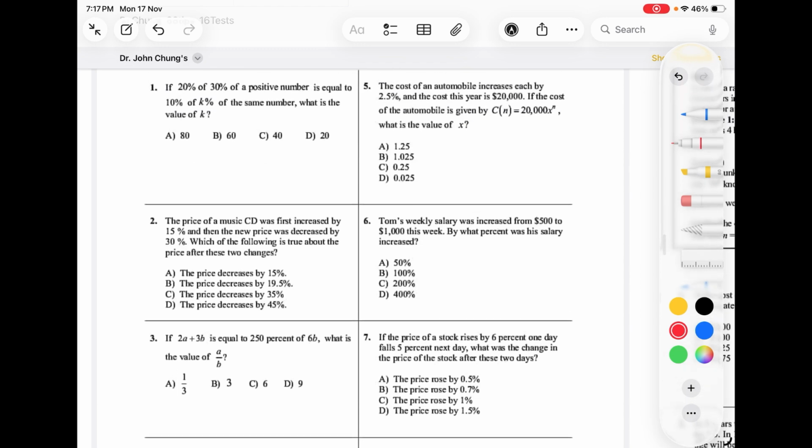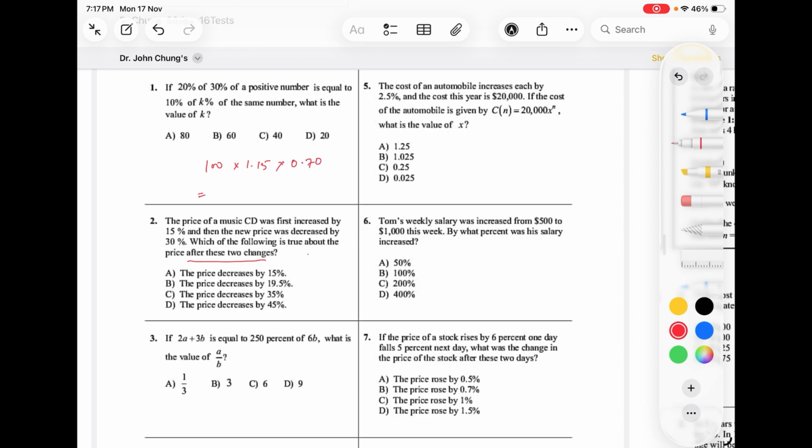The price of a music CD was first increased by 15% and then the new price was decreased by 30%. Which of the following is true about the price after these two changes? So let us suppose that the price is 100, right? It was first increased by 15%, so into 1.15, and then decreased by 30%, so into 0.70.